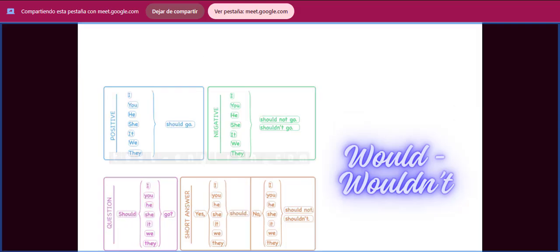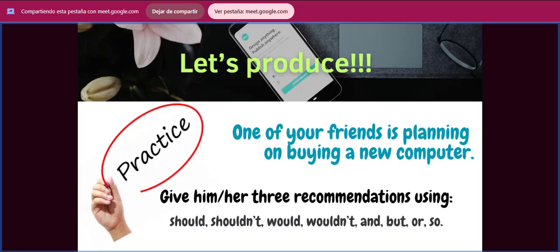No? Then I left a space open for you to produce a little bit with the two elements that we studied in the last two lessons, that are the recommendations, so using should, shouldn't, would, wouldn't, and also the conjunctions and, but, or, and so. The idea is that you imagine that one of your friends is planning on buying a new computer, and you type or write 3 recommendations using the elements that we studied.